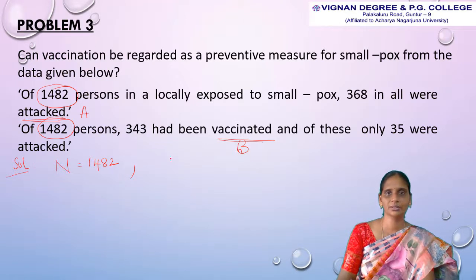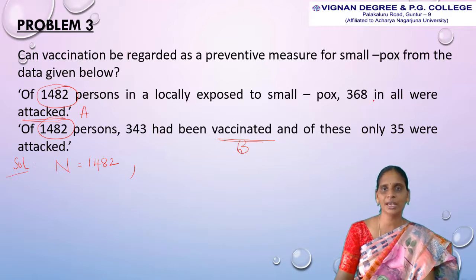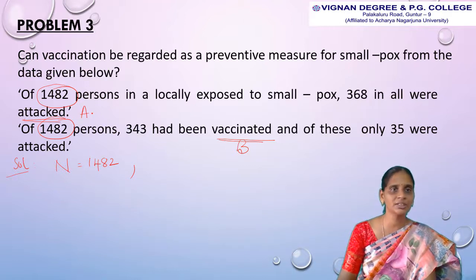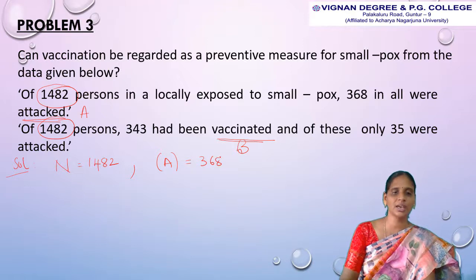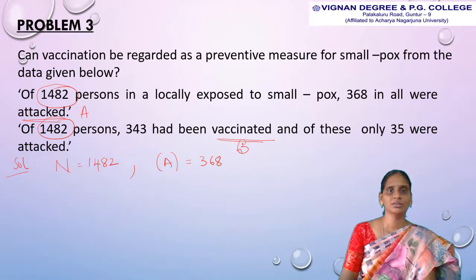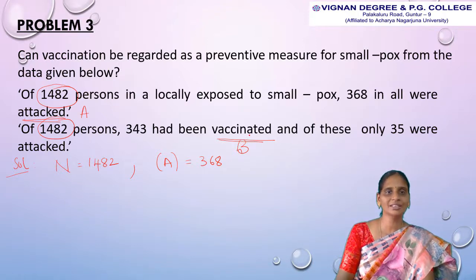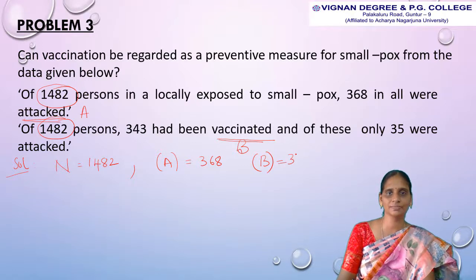Exposed to smallpox, 368 in all were attacked. Attacked is denoted by the attribute A, so frequency of A is 368. Vaccinated is denoted by the attribute B, so frequency of B is 343.